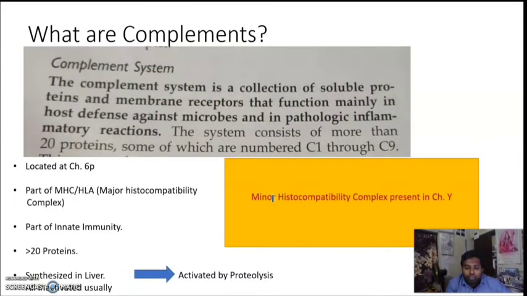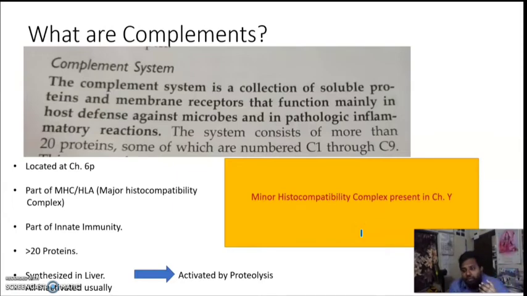Now, what role has complement in this acute inflammation? Actually, complement is a part of innate immunity. So you know what innate immunity is. Innate immunity is totally undifferentiated. It is the primal immunity of any animal, that is called innate immunity. Whenever any antigen enters your body first, your innate immunity activates.